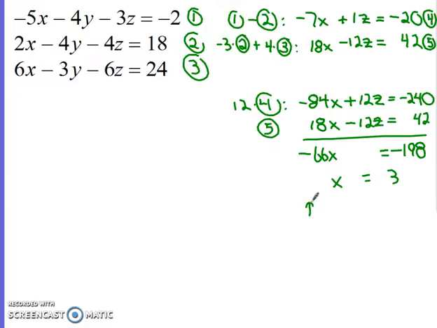I'm gonna say plug or sub into equation 4. Okay. So here I go. Negative 7 times 3 plus 1z equals negative 20. Okay, so this is negative 21 right here. If I add 21 to it, it'll go away. Of course, I'll add 21 to this side as well. I'm going to get z equals 1.